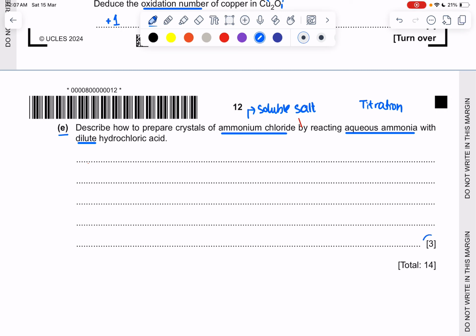But this is a 3 marker, so we are not going to write details about the titration. We will only give a basic hint in our answer script: titrate aqueous ammonia with hydrochloric acid.